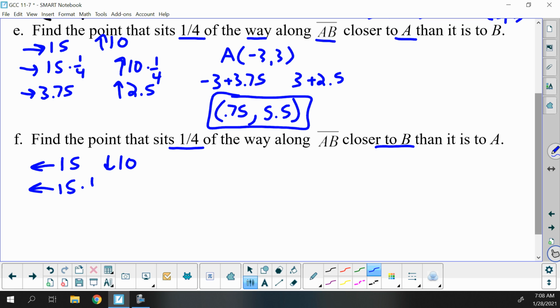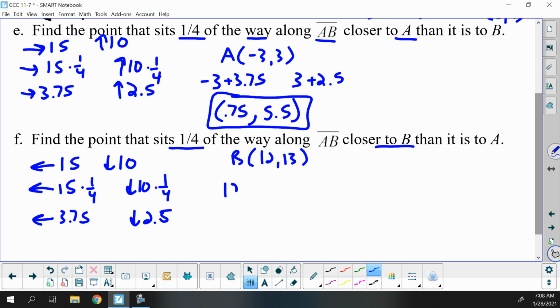And we've got the same numbers as we had in the last one. So we know times 1/4 is going to give us 3.75. And we know times the 1/4 for the 10 will give us 2.5. So as a reminder, B's original point was 12, 13. So we'll start with 12.